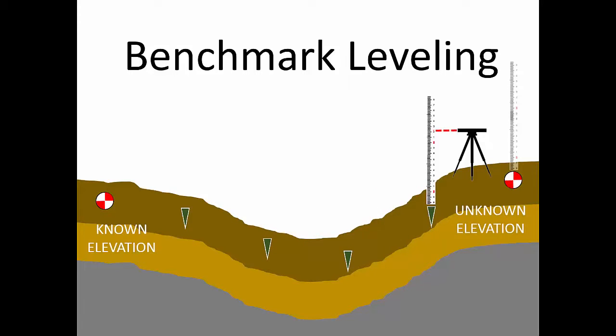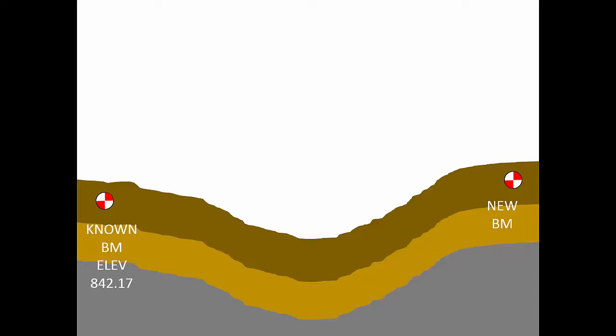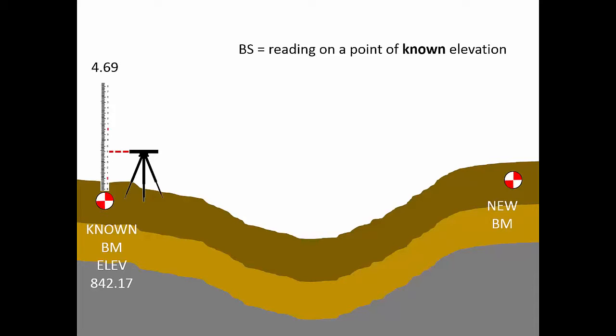series of elevation differences. First, we'll set up our instrument where we can see the rod sitting atop the known benchmark. Our first rod reading is 4.69 feet. Since this reading is taken on a point of known elevation, we call it a backsight, commonly abbreviated as BS.